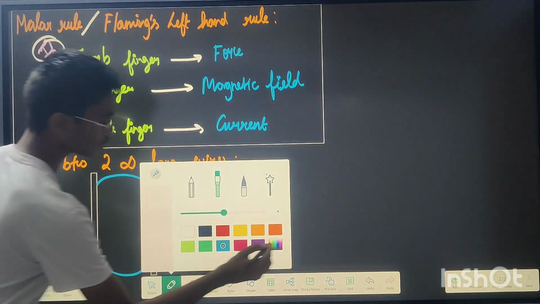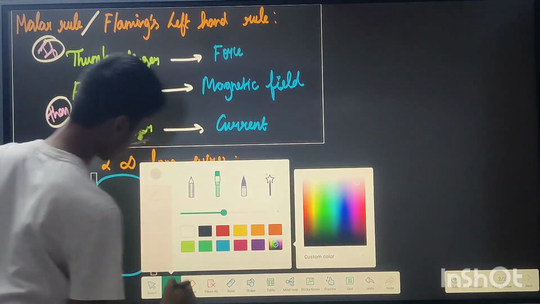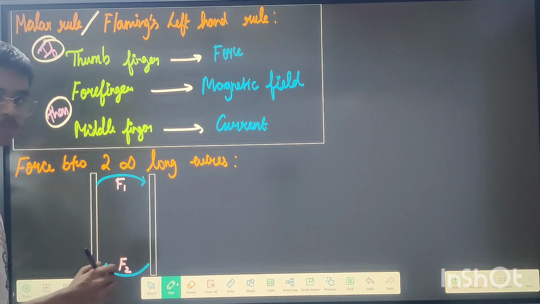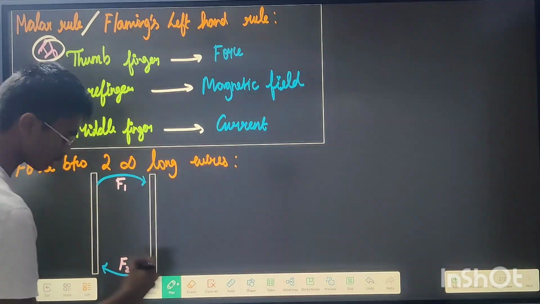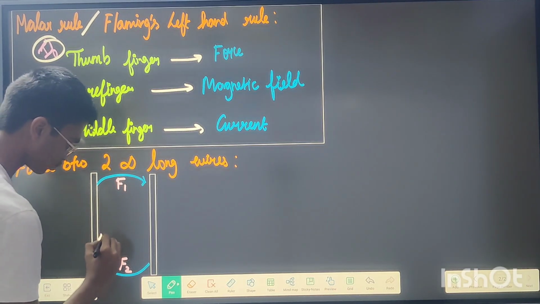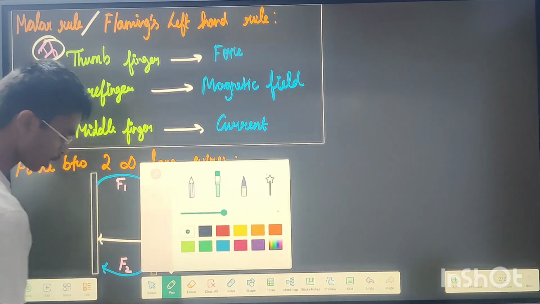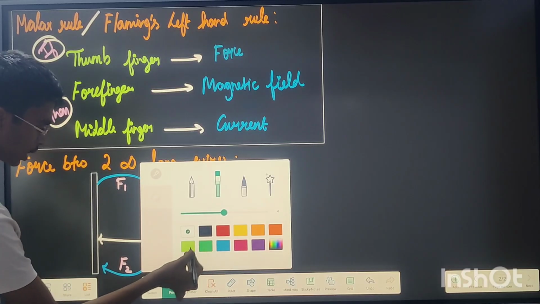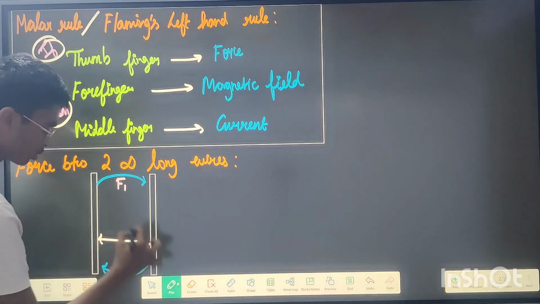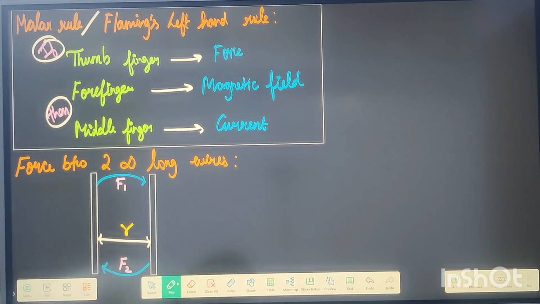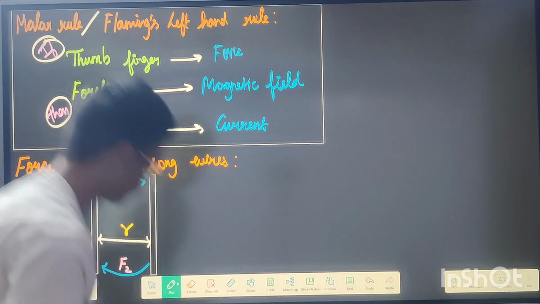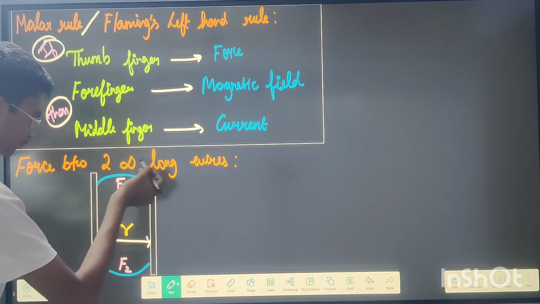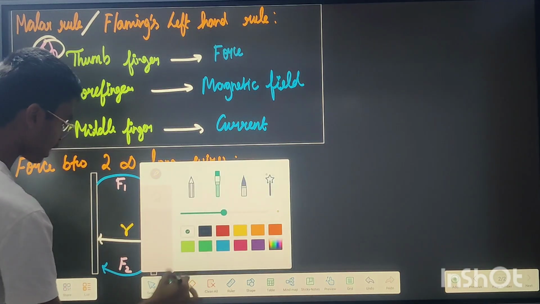So let this force be F1 and let this be F2. Also there is a distance between these two wires, which we will say as R. And also there is current flow now.